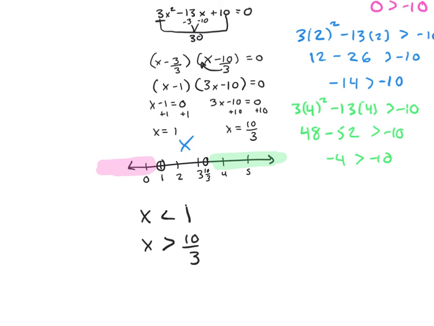So for this one, we would just write our answers as this. When it's on the outsides, you can't combine them together. So we would just have two inequalities here. So x is less than 1 and x is greater than 10 over 3. So when it's on the outsides, we can't combine our two inequalities together. Only when it's on the inside, we would write it as one inequality.